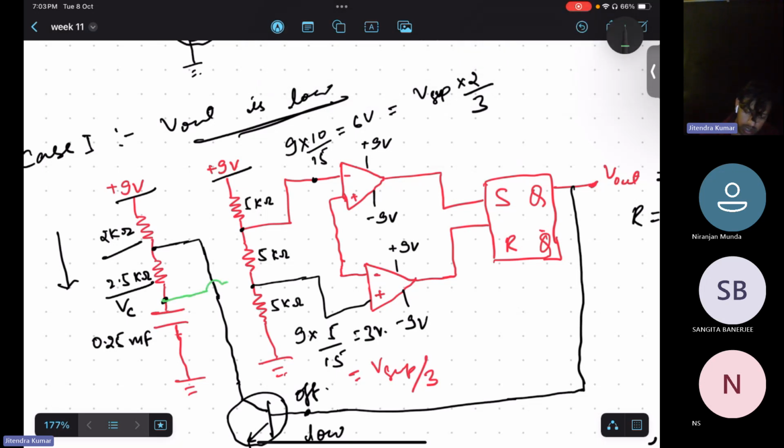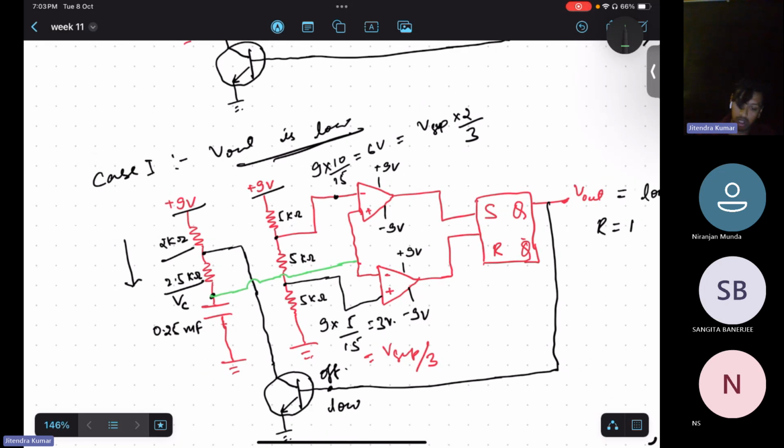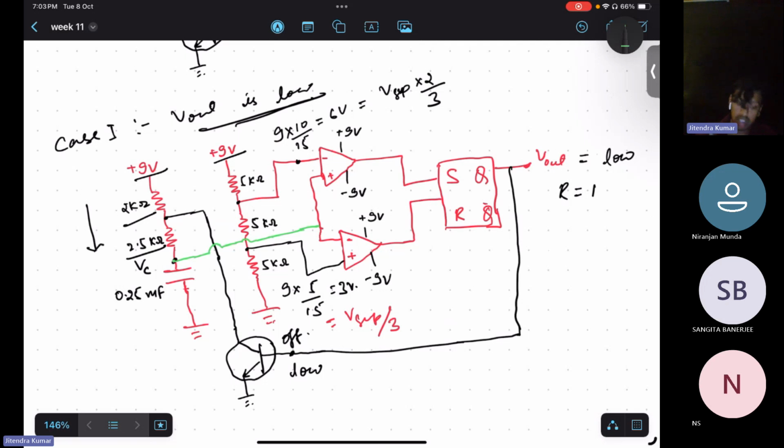This capacitor is connected from here to the non-inverting terminal of the first comparator and the inverting terminal of the second comparator, because this capacitor has to either rise or fall, and it will compare both the values. If VC is falling, it means it is disintegrating, and if VC is rising, it means it is integrating. But when that happens will depend on the output side. I hope you are not getting confused here. Okay, any doubt till this point?